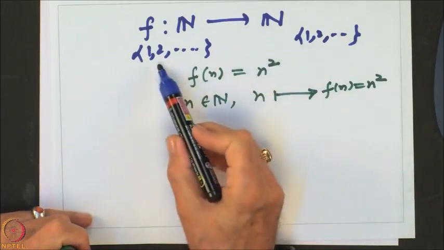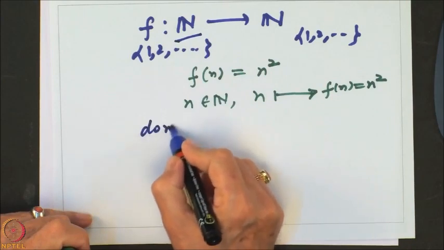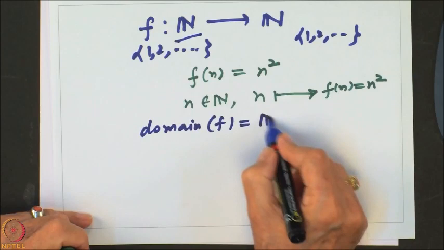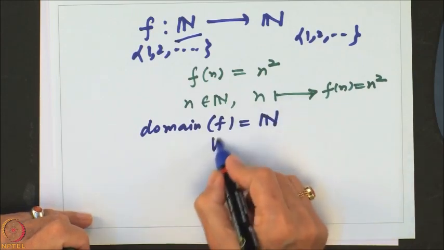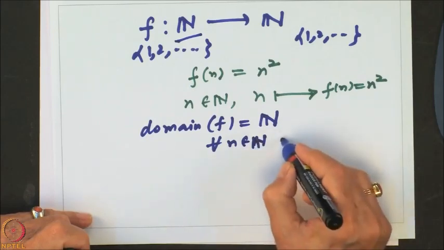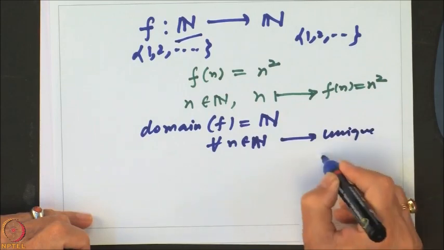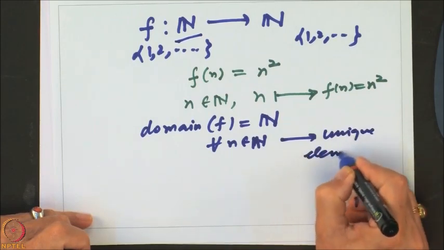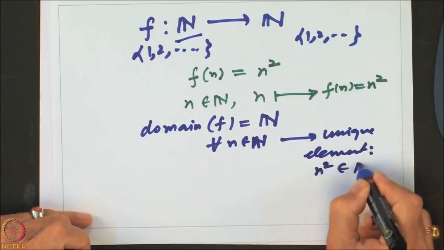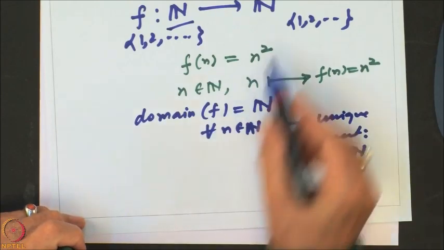Clearly, the domain of f is N, and every point n in the domain goes to some unique element, and that element is n square belonging to N. So, this is the function; its domain is N, codomain is N.